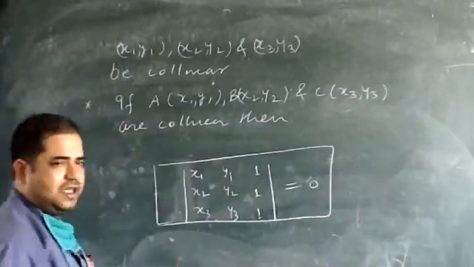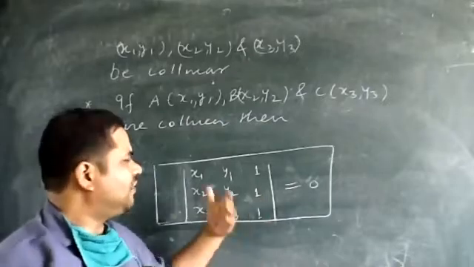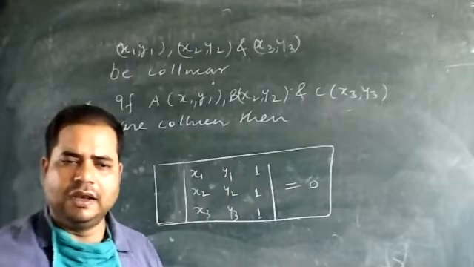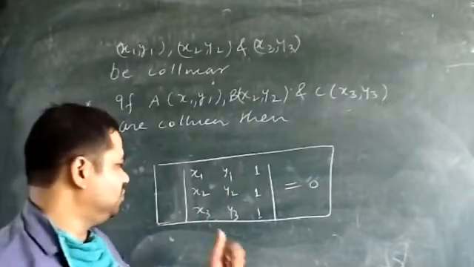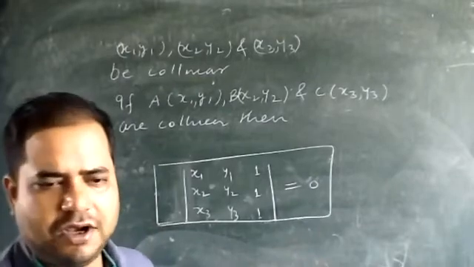If you want to find a condition, or you are given that these three points are collinear and must prove something, then you use this. So note it down first.